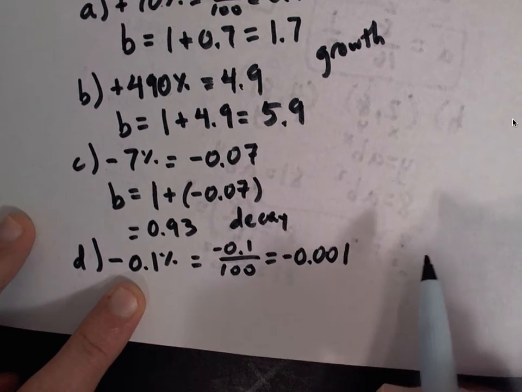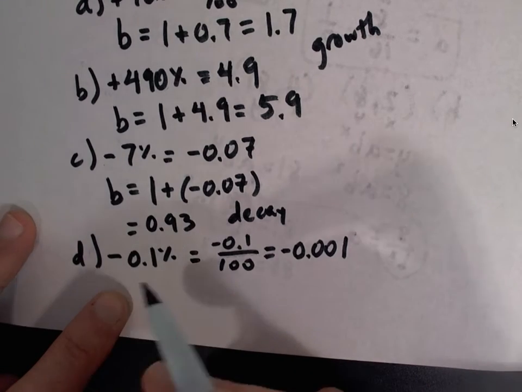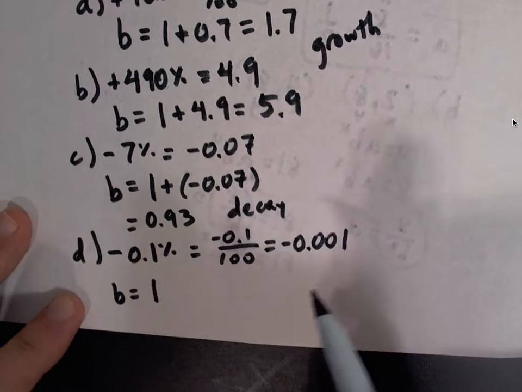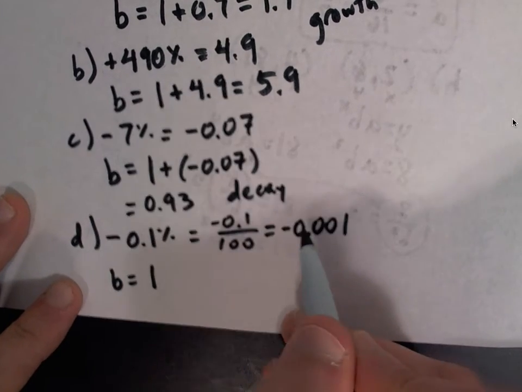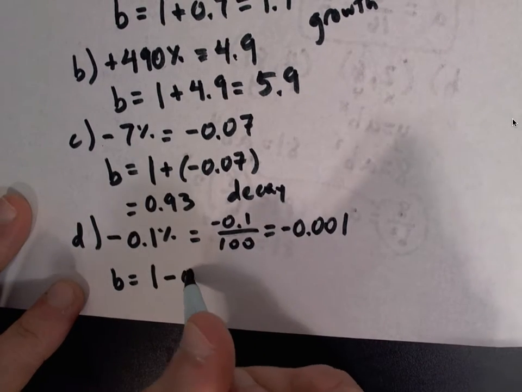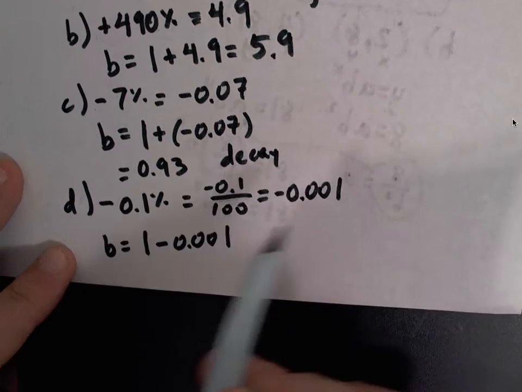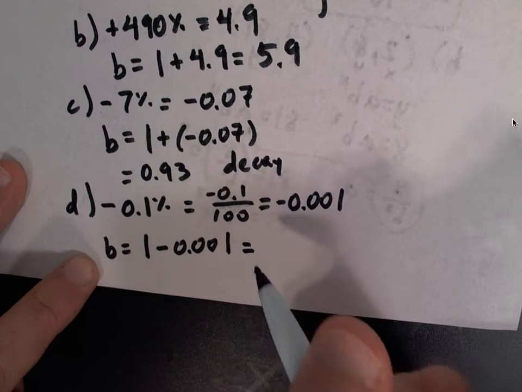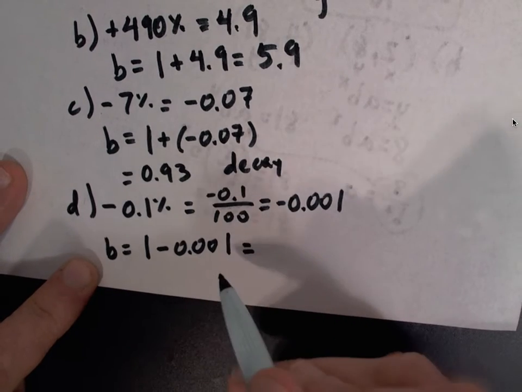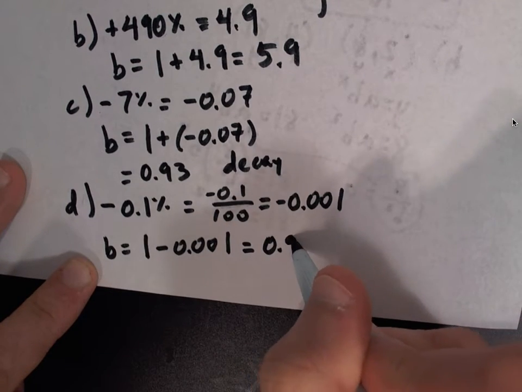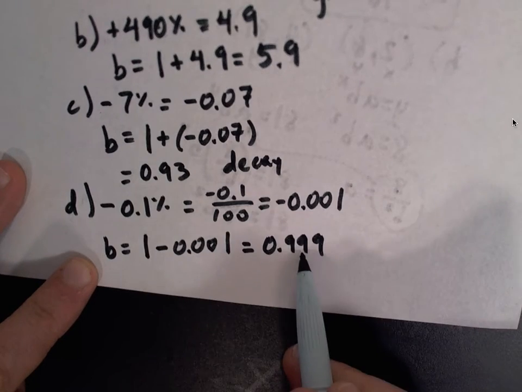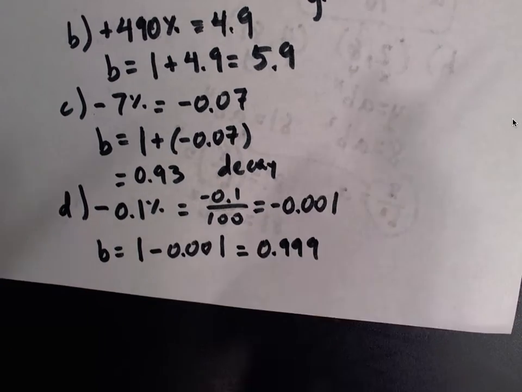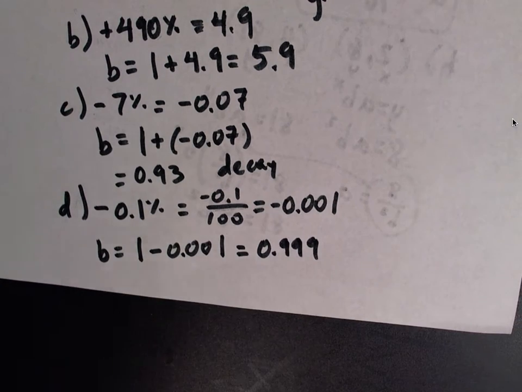So our b equals 1 plus a negative, in other words just minus, 0.001. So not that small of a decrease. We start with 1, so we get 0.999, because 0.999 plus 0.001 equals 1. So there we have it, calculating some b's.